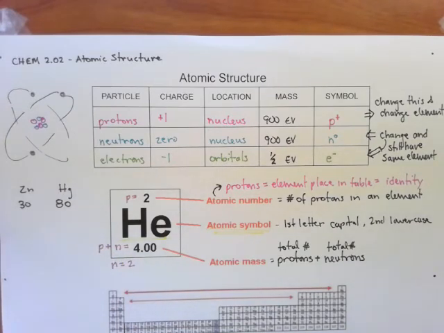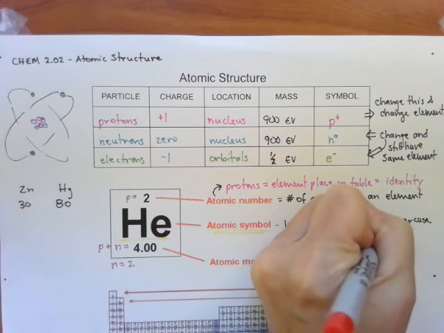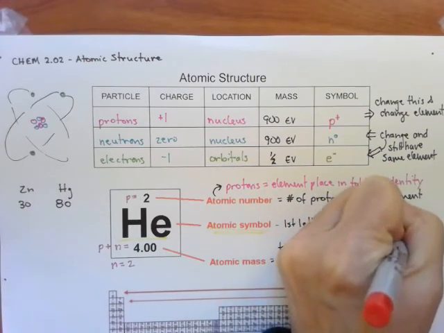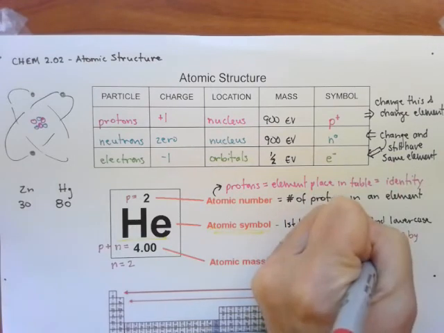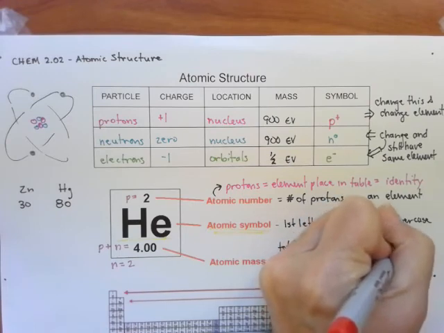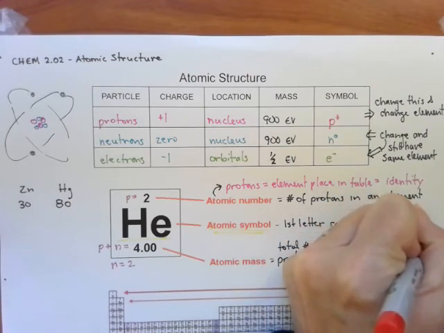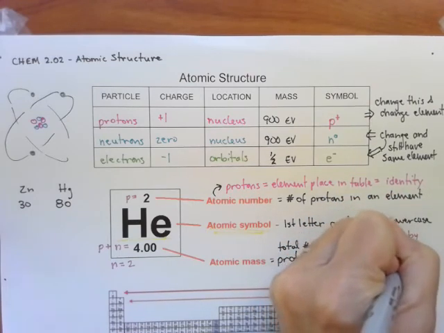So we can find the number of neutrons by taking the atomic mass minus the protons.